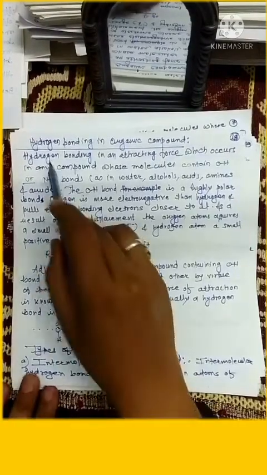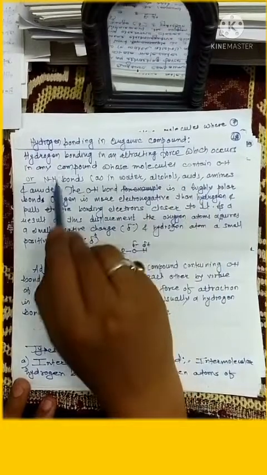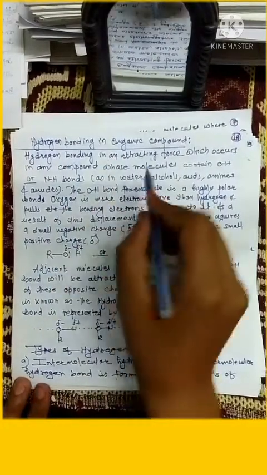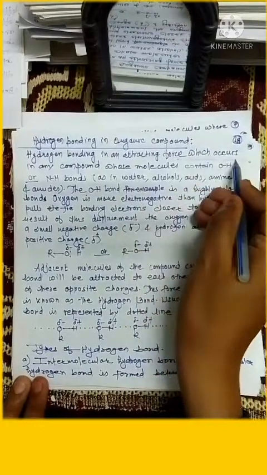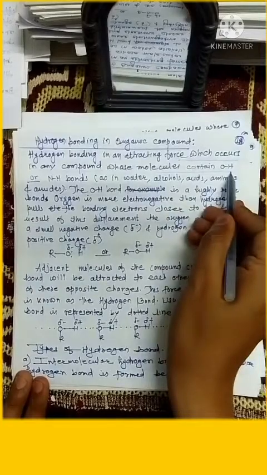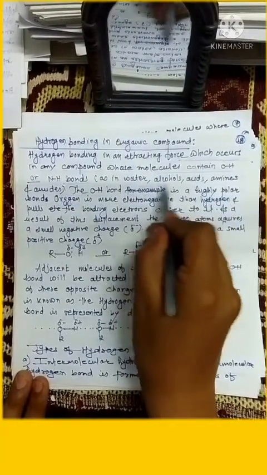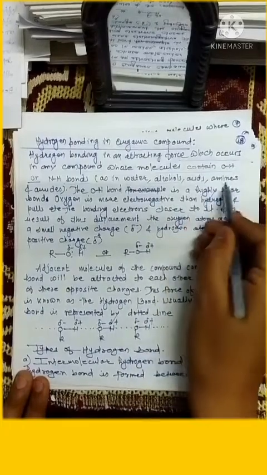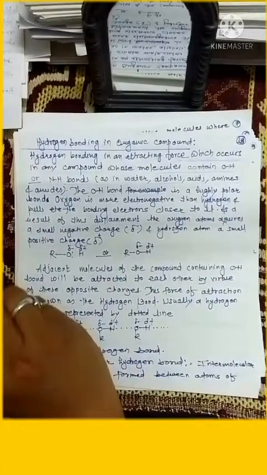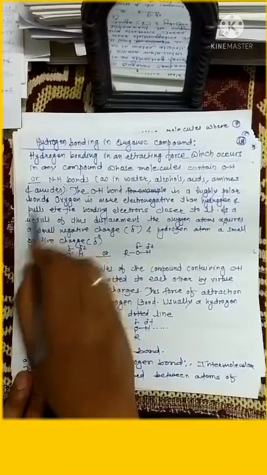Now we are going to see hydrogen bonding in organic compounds. Hydrogen bonding is an attracting force which occurs in any compound whose molecules contain OH or NH bonds, as in water and in alcohol, acid, amines and amides. The OH bond is a highly polar bond.